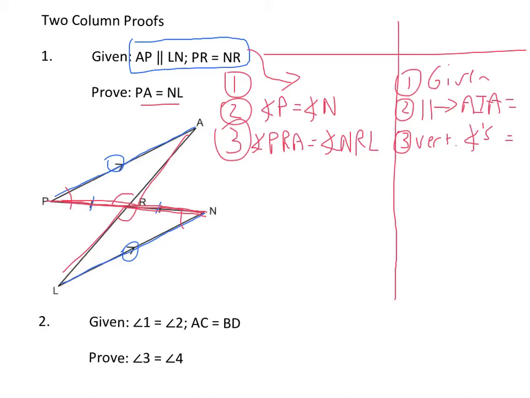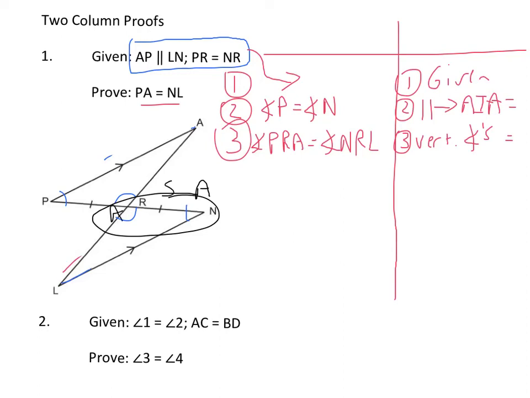Okay, so now if you think about this, here's what I have. Let me do some erasing on my picture here. So we know, just so you can see things a little bit clearer, there's my vertical angles that were equal, and I already have that P is equal to N. If you look right here, I have these three things now in this triangle. So angle, side, angle.